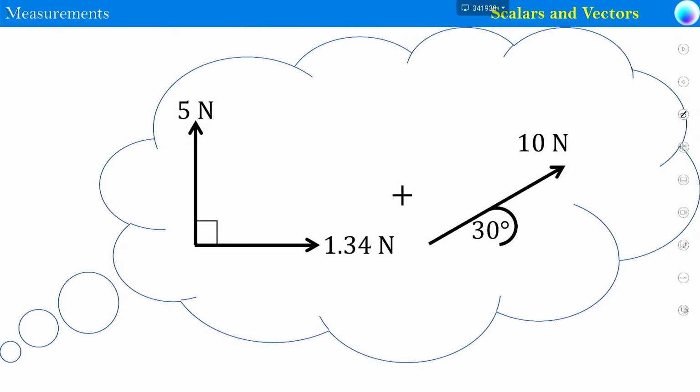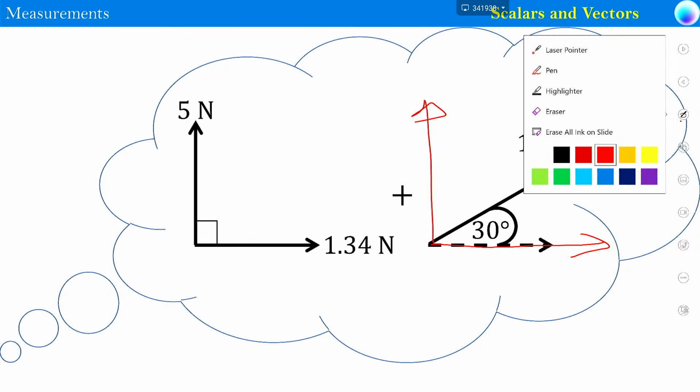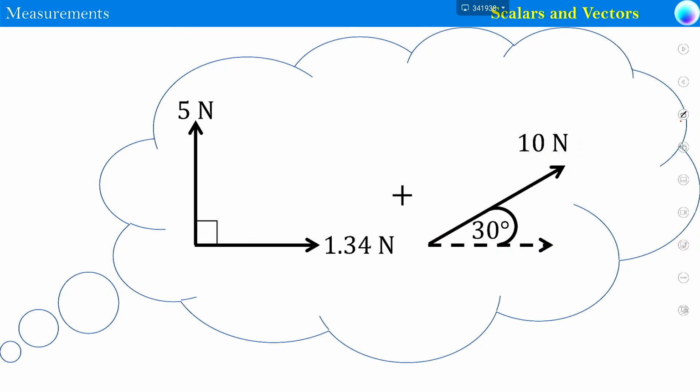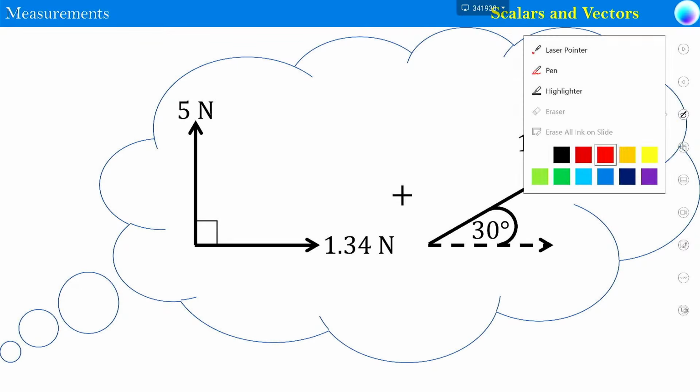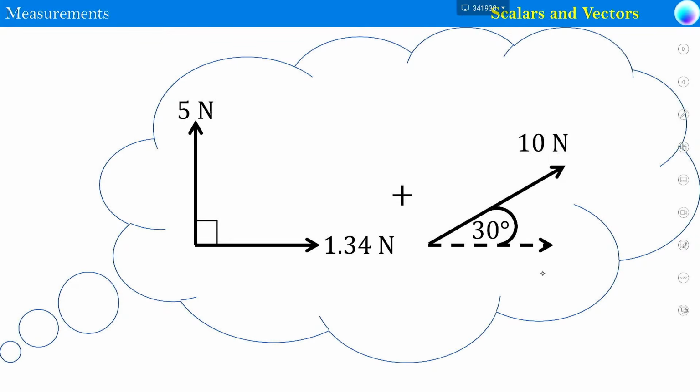So what do we do? We take this one and I resolve this. So how do I resolve this? Take the horizontal component, right? Here is the horizontal component. And we all know that r cos alpha, that is 10 cos 30.